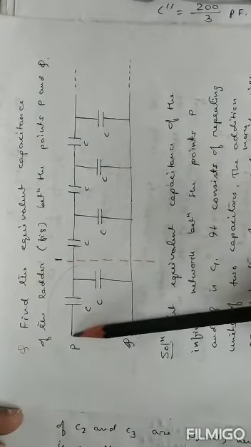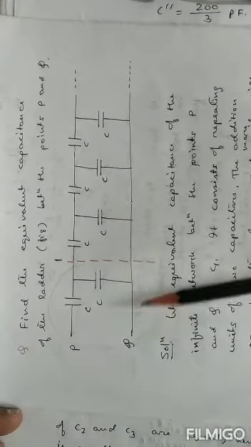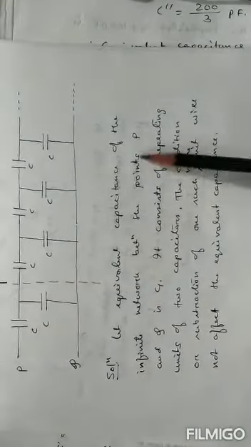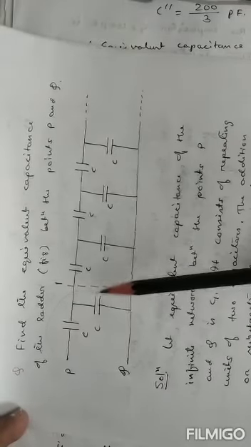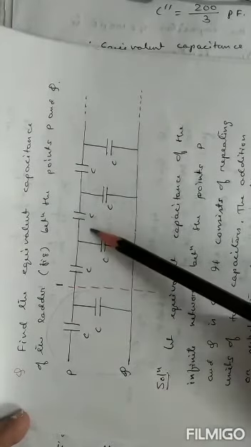Okay? Now let the equivalent capacitance between the points P and Q be capital C1. Now it consists of an infinite number of identical units. You just see, this is one unit. This is one unit.